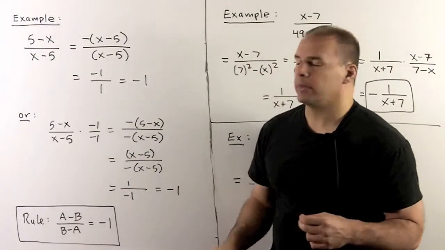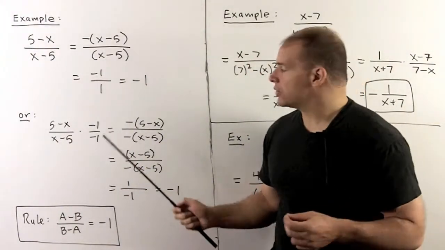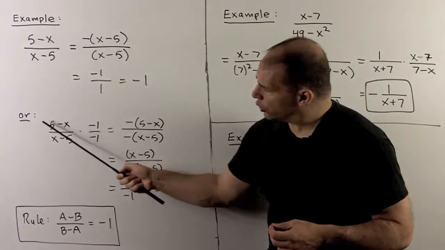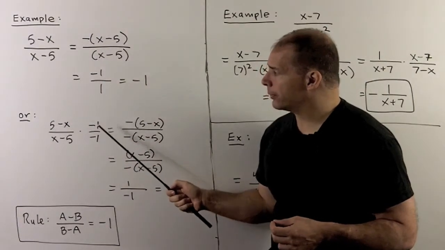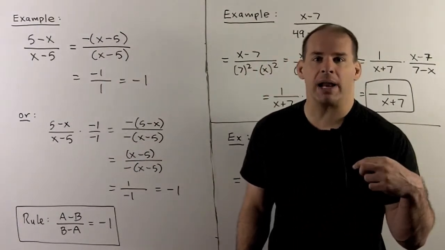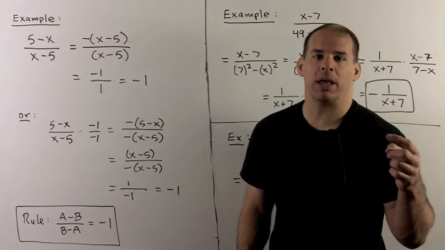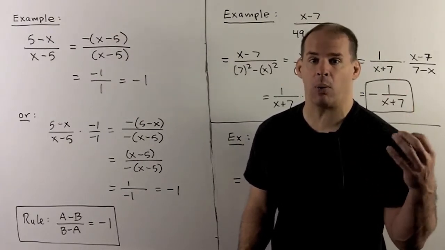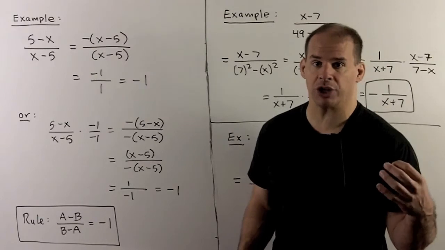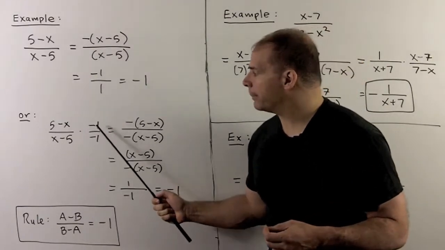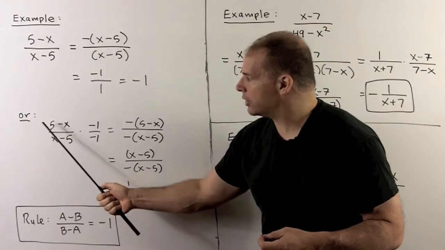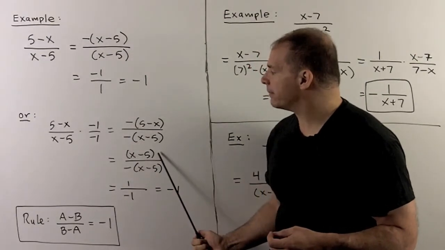Another way: we're off by a minus sign, so I want to change the numerator by a factor of minus 1. If I do that, I have to divide by minus 1 at the same time. So if I multiply by something over something, we're just multiplying by 1, no change to our expression. Now, if I distribute that minus 1 to the numerator, we get our x minus 5.